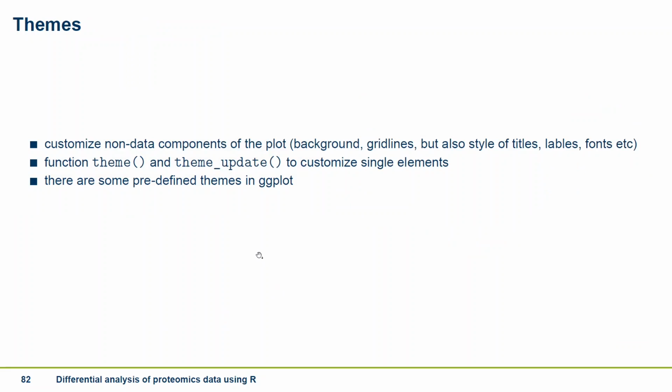Themes are basically a collection of non-data components you can customize in the plot. This is, for example, the background, the grid lines, but also style of titles, labels, fonts, etc. You can use the theme function and also the theme update function to customize single elements. And there are a lot of predefined themes already present in ggplot.